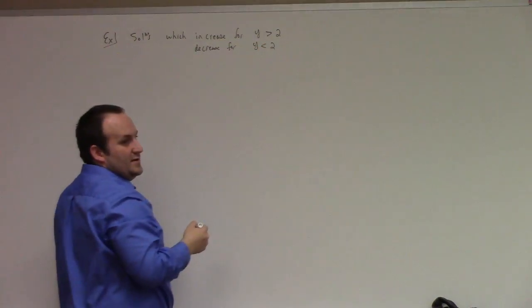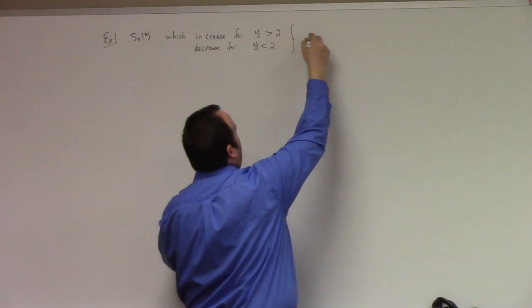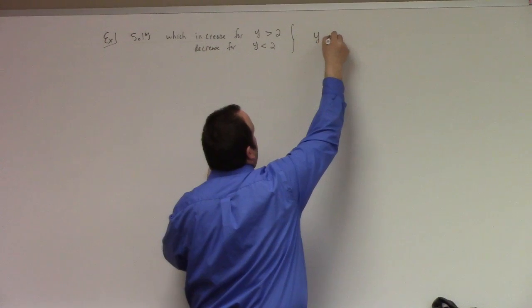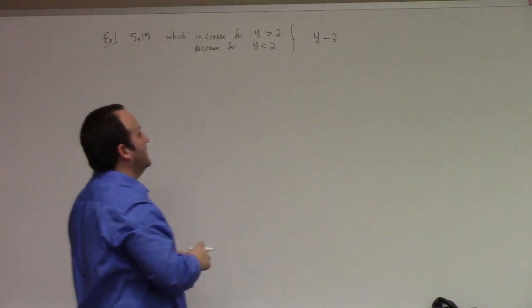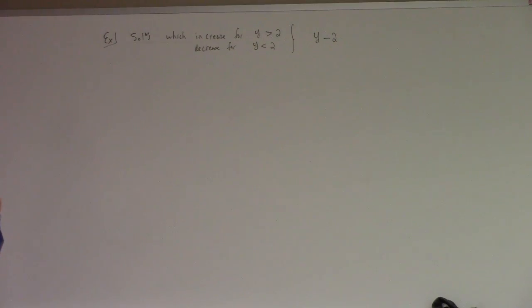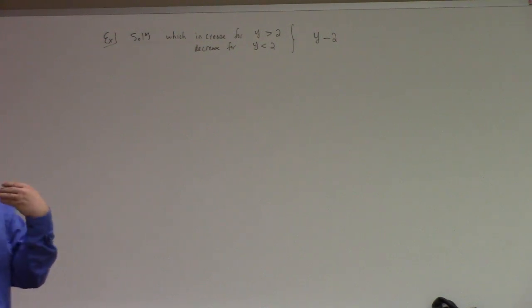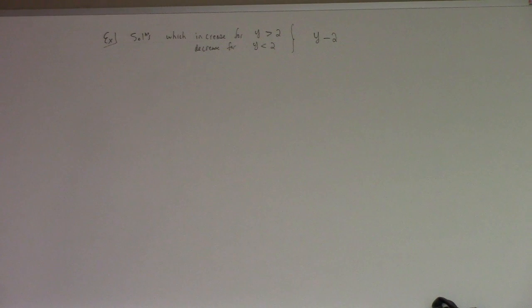Well, what function does this? How about the function y minus 2? Doesn't that expression fit the bill? y minus 2 is positive if y is greater than 2, and y minus 2 is negative if y is less than 2. Agree? I'm not saying anything terribly profound here.